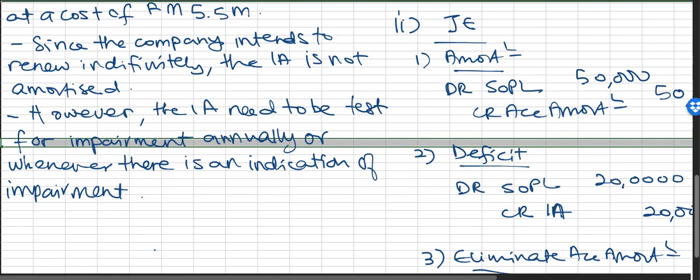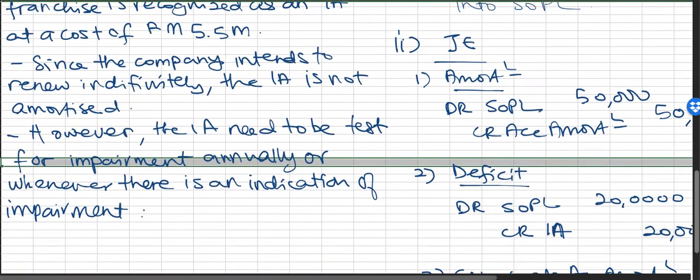So because you don't reduce the value of IA by way of amortization, you need to test the impairment, annually or if there is an indication. For intangible assets, whether it has a finite life or indefinite life matters.